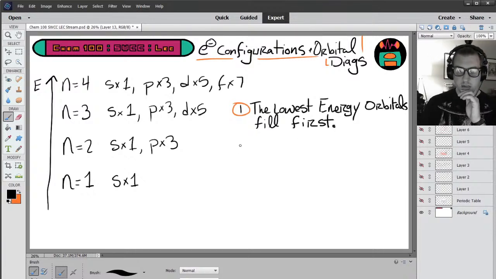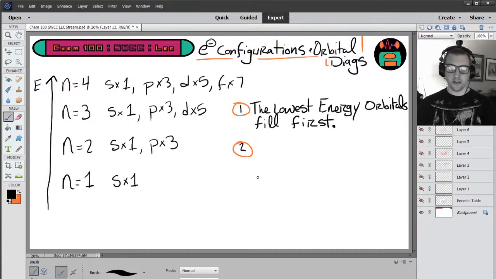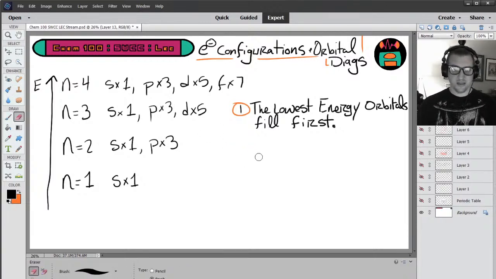So first, the lowest energy orbitals fill first.